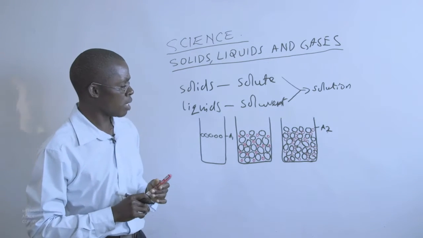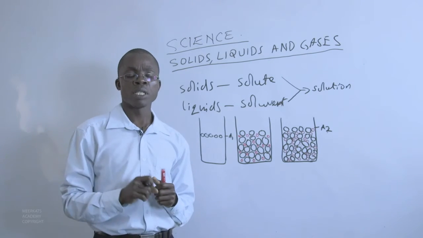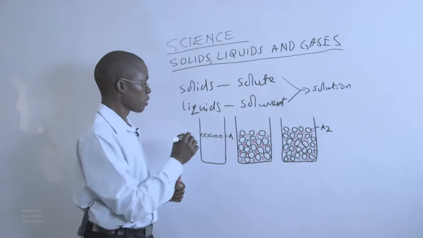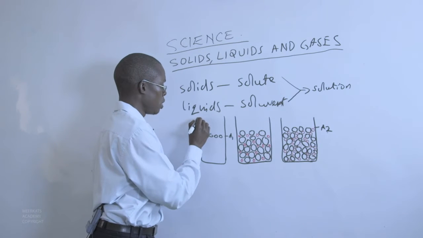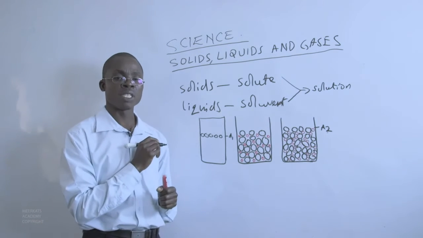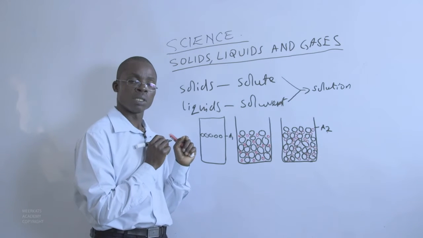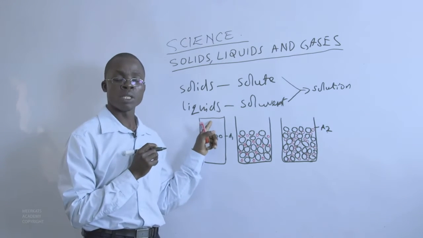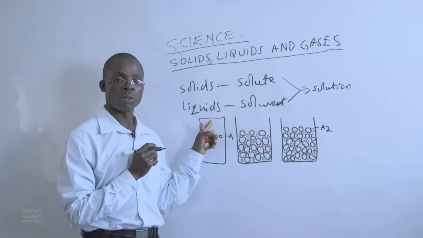This also explains why, when you are having tea very full in your cup, let's assume you have your cup and this is the level of your tea at this point, it is not advisable to add in sugar when the tea is this full.